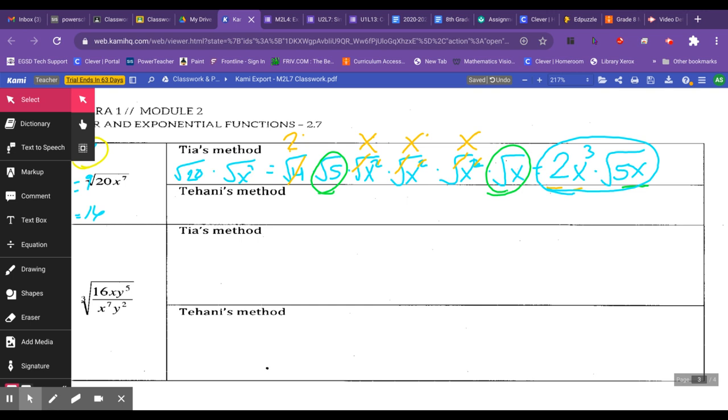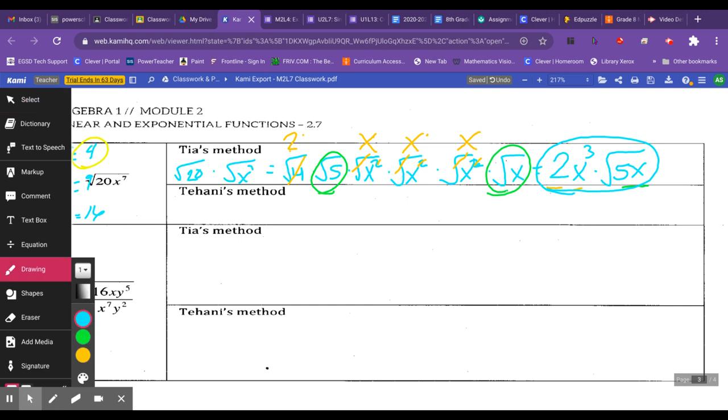I'm going to go a little quicker on this next one, in the sense of let's find the prime factorization of 20 right away. 2 goes into 20 twice, because 2 squared is 4 and it's 4 times 5.